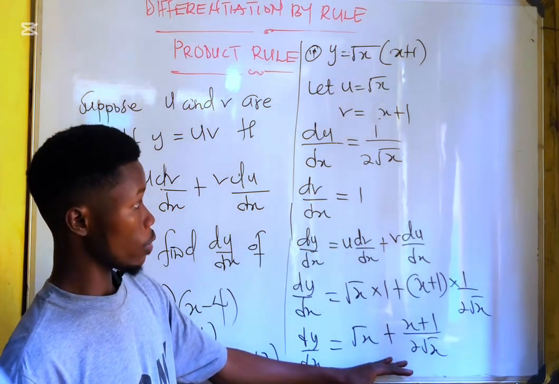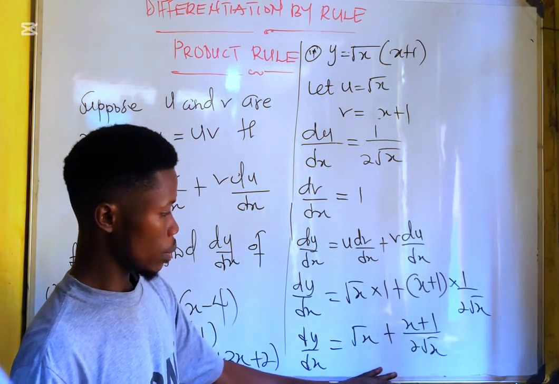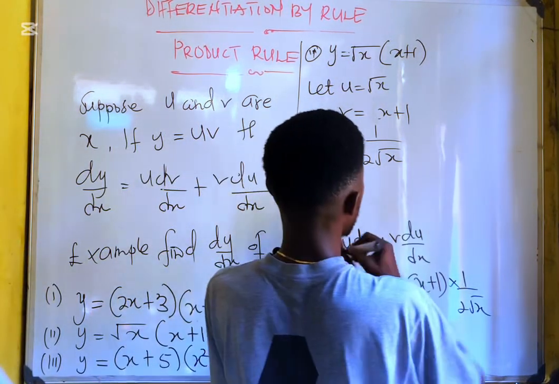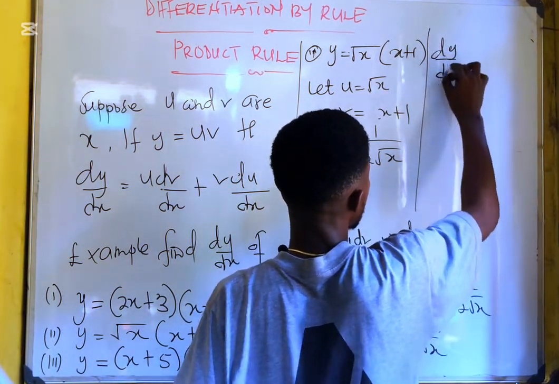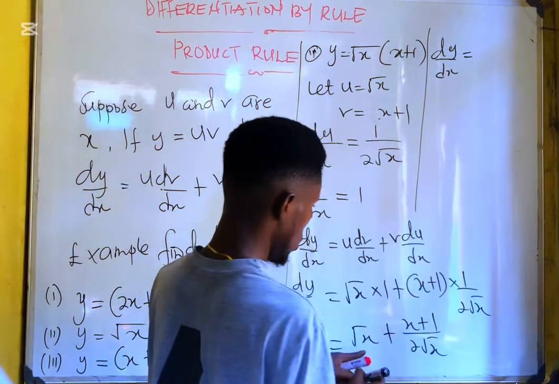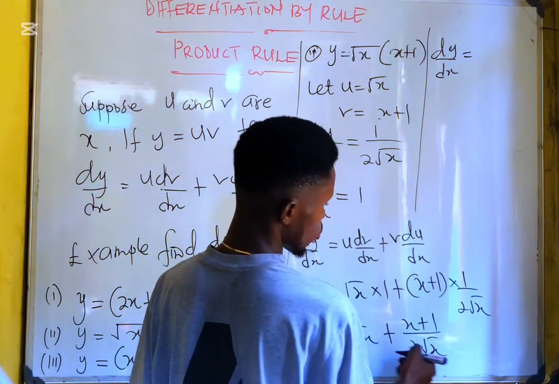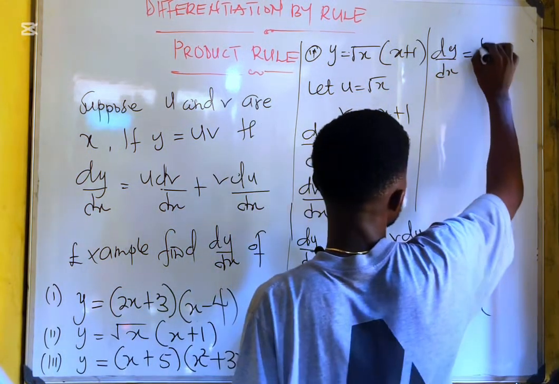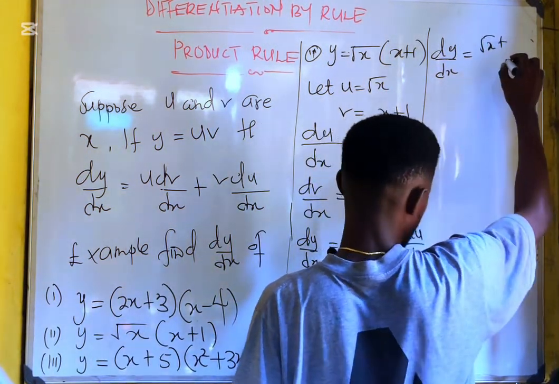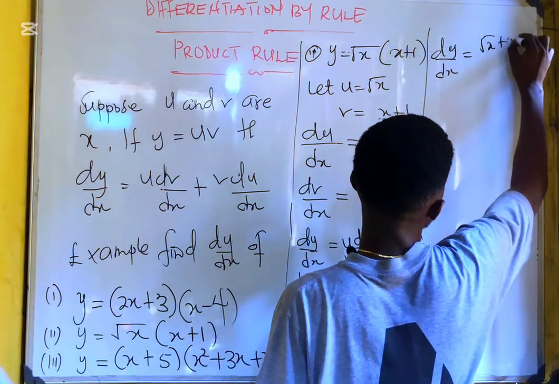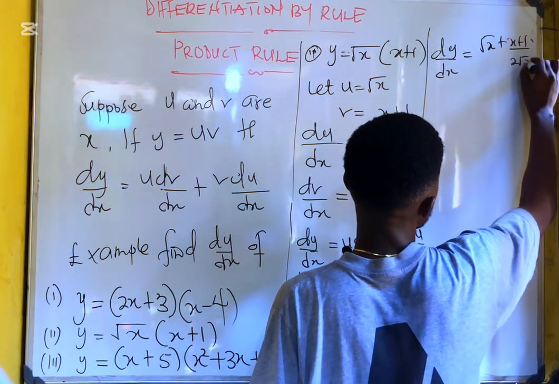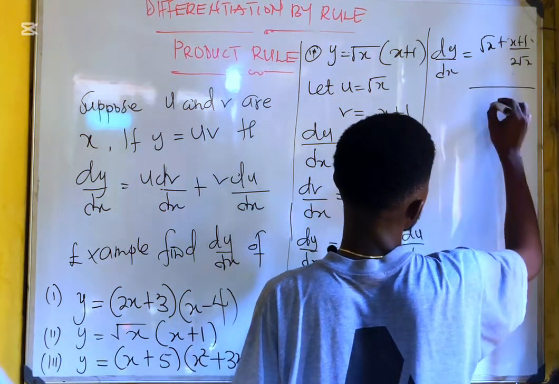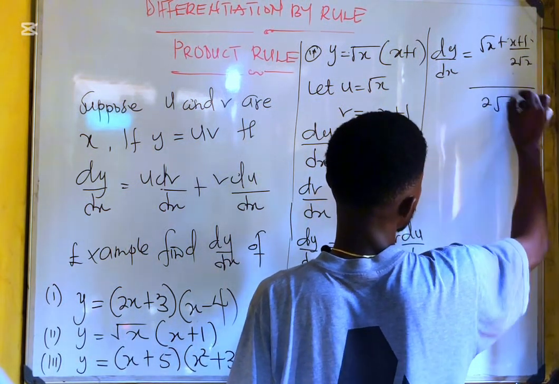You can also simplify it further by finding the LCM. Let's see how it will look. So dy/dx will be equal to, here if I find the LCM of this, it will be 2 root x. So root x plus x plus 1 over 2 root x. So the LCM here will be 2 root x.